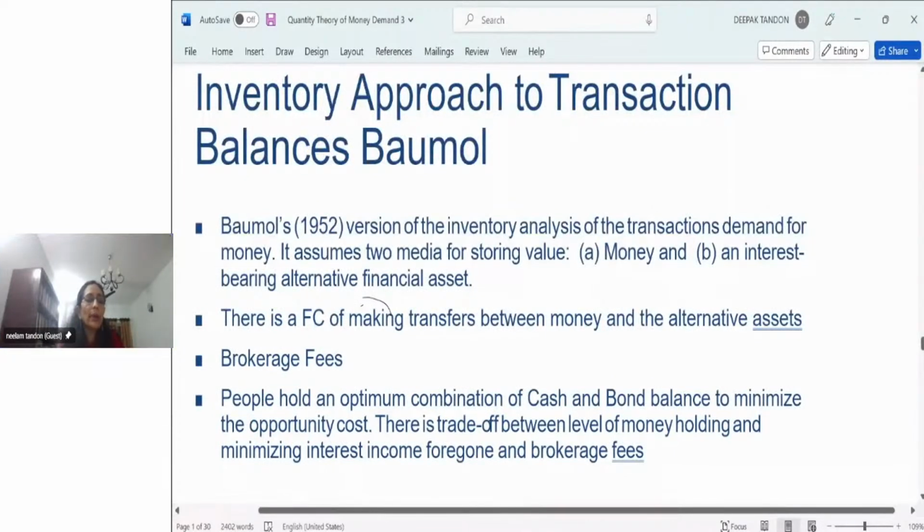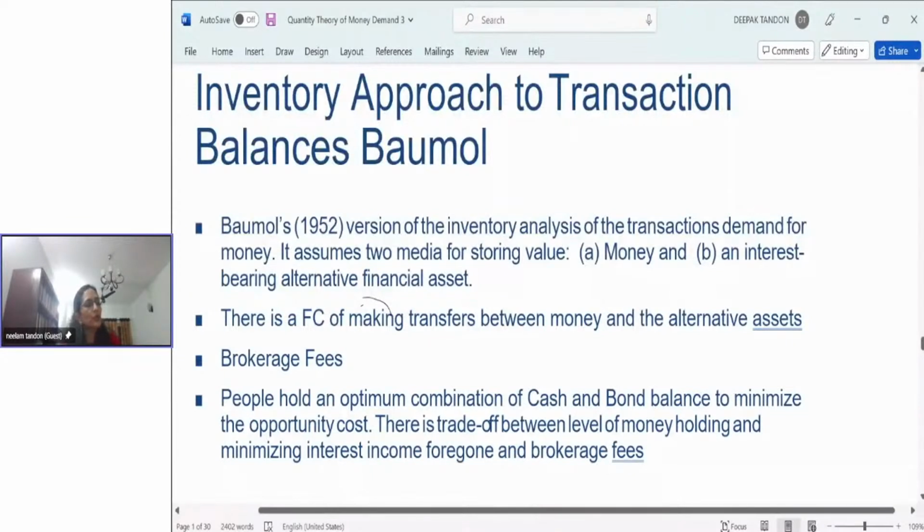But there is one more feature you will find in this theory, which is brokerage fees. When you go for buying a bond or any mutual fund services, it's not offered free, no? They charge certain fees from you. So that's a cost.